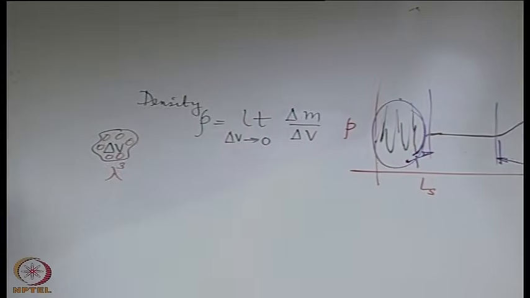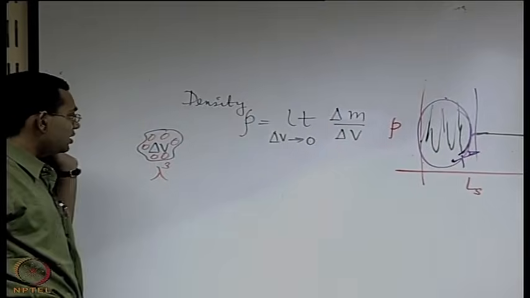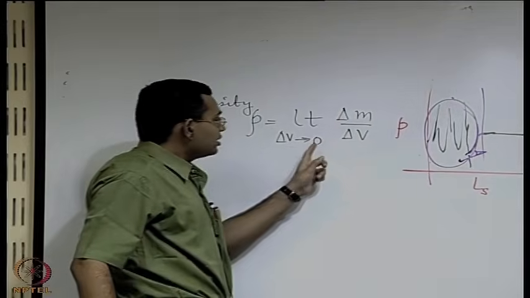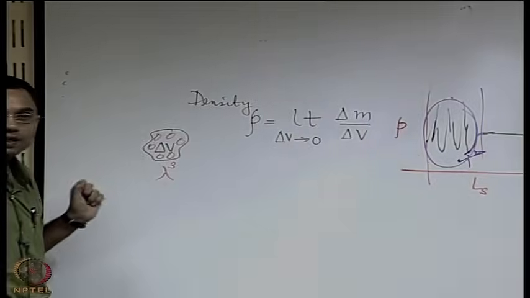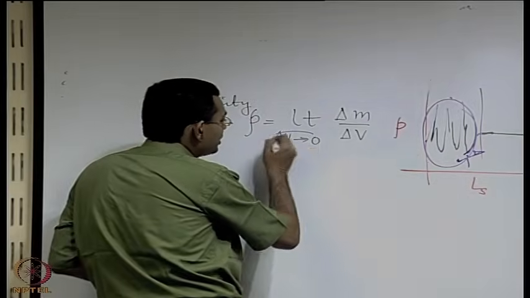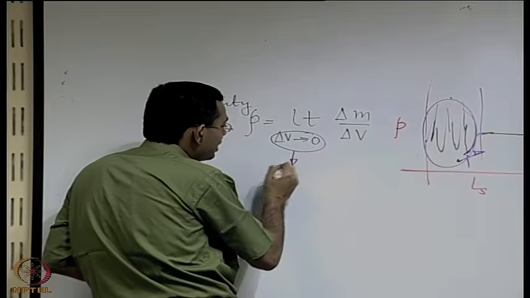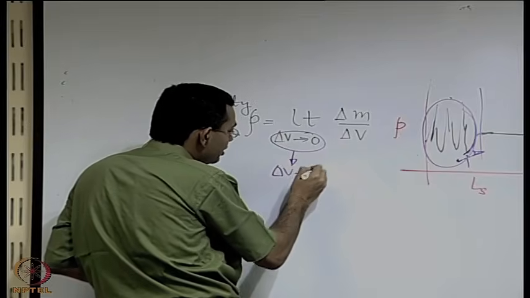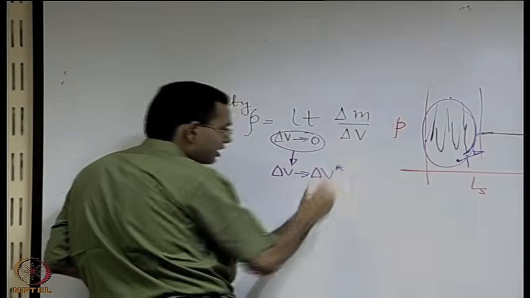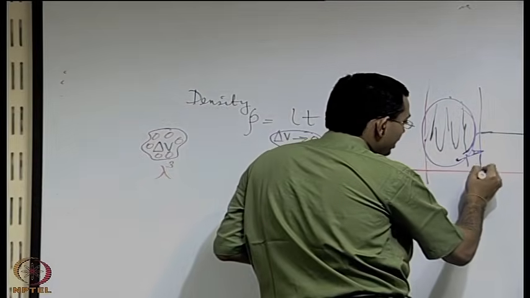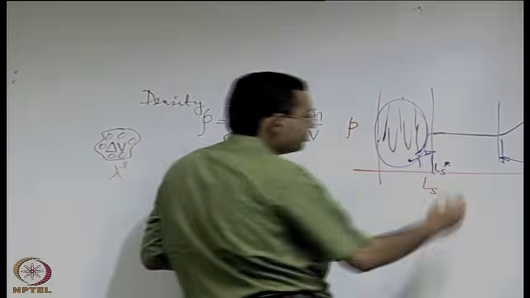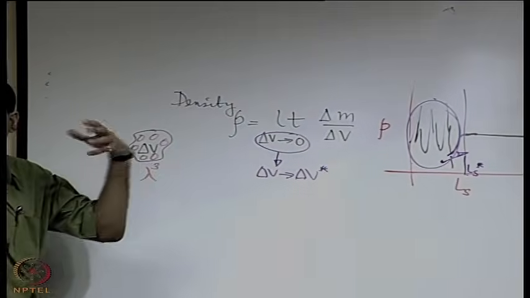In that context one has to remember that this delta V tends to 0 should be corrected. How should it be corrected? We should change it to not delta V tends to 0, but delta V tends to some delta V star, which, if we call this LS star, is of the order of LS star cubed.